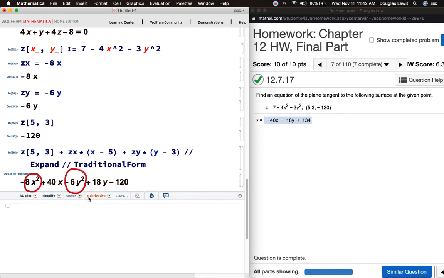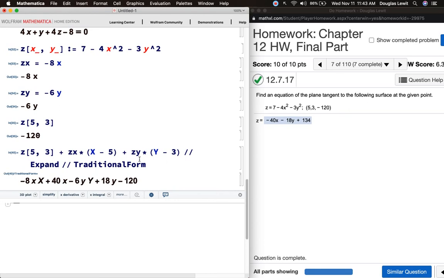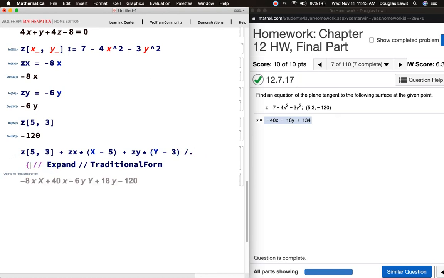Okay, let me get rid of that. So how do we fix the problem? Again, guys, be careful. I better use uppercase X, uppercase Y. Yes, of course. And we have to do our substitution.